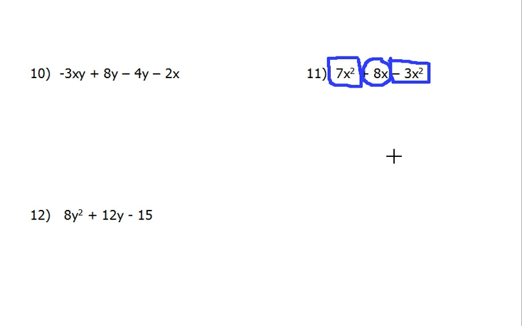This is an example of how important it is that you're able to see those operations when you're combining like terms. So 7 minus 3 would give me 4x squared. And then I bring down the plus 8x because it does not have a like term that I can combine it with. This would be the correct answer to number 11.